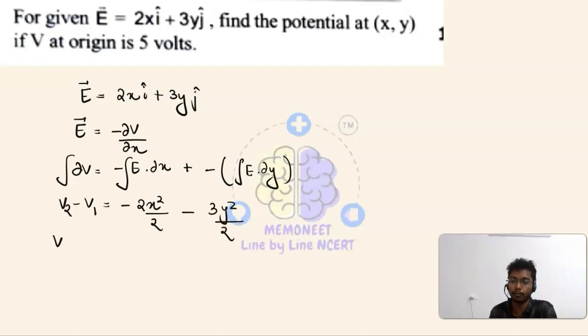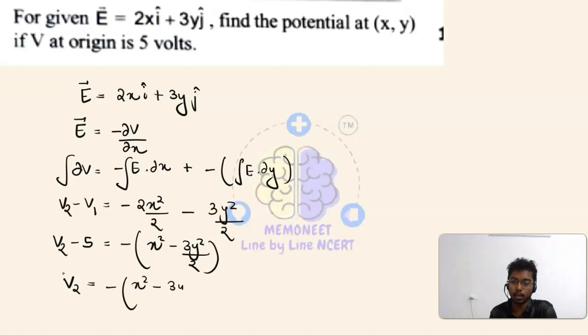So V2 minus V1, that is the potential at the origin, which is 5, is equal to minus, if we take it common, x square only, 2 is cancelled out, x square plus 3y square upon 2. Potential V2 we can write as minus of x square plus 3y square upon 2, plus 5. So this is the answer.